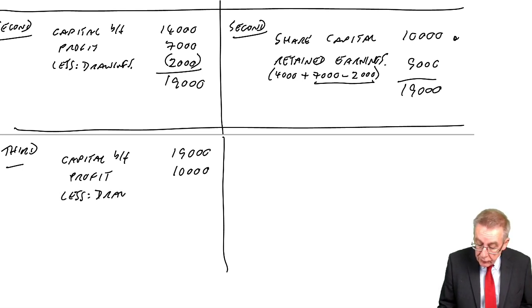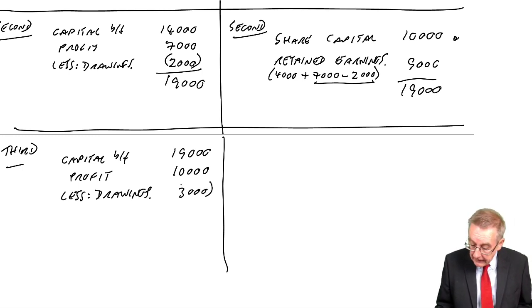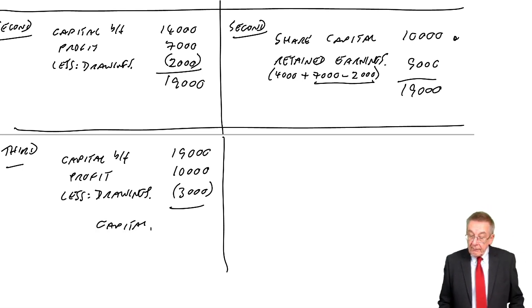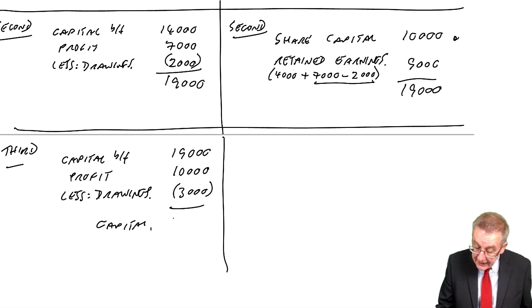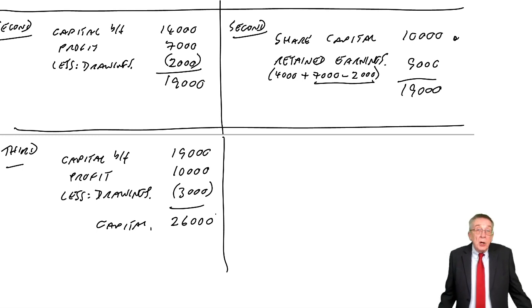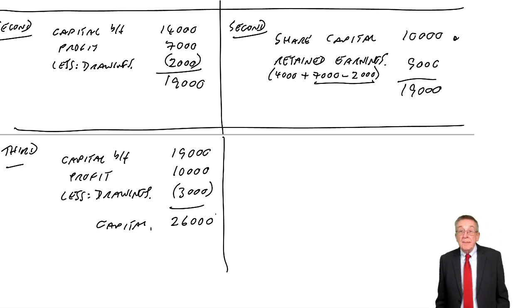And subtract the third year's drawings, 3,000. Which means the total capital has now gone up to 26,000. And so there's the total owing to the owner.